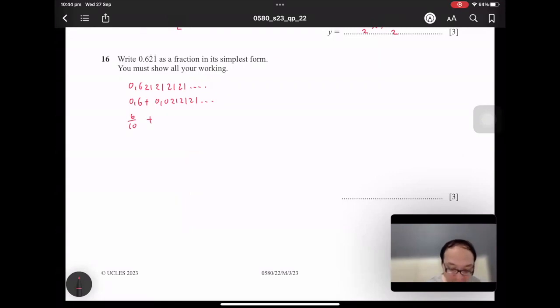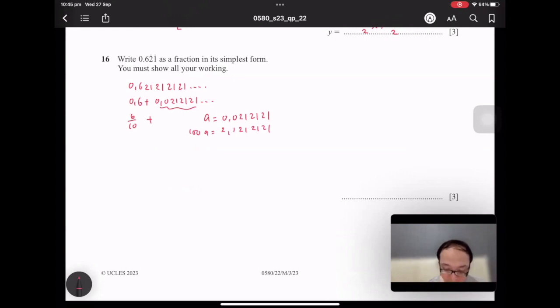We have to multiply for this. I can say that A is 0.0212121. So I can multiply it by 100. So I will have 2.12121.